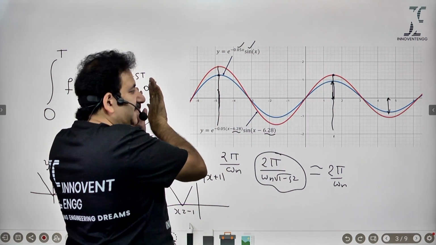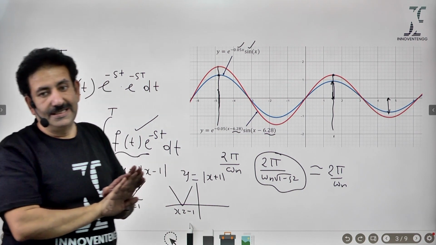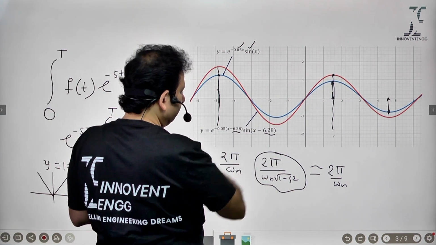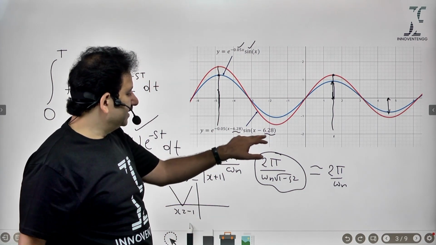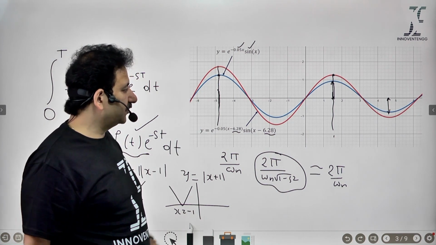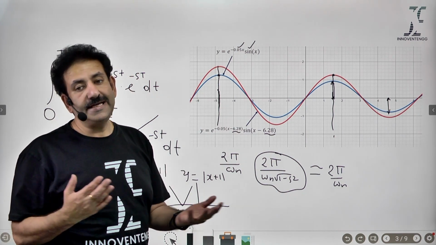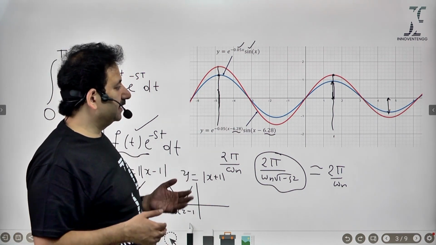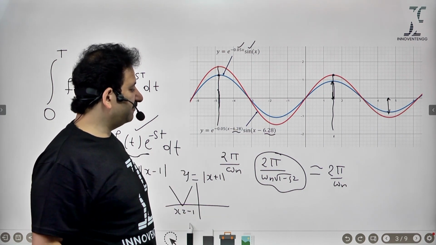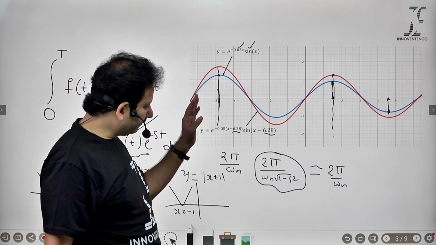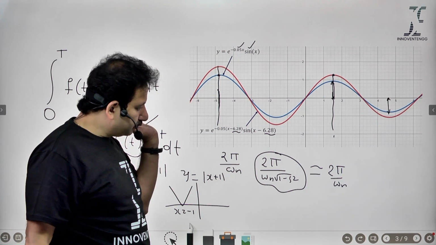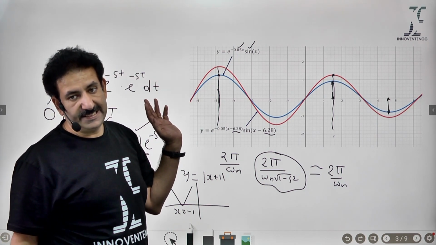That means it has been literally pushed forward, and what you are seeing is right shifting, because all that I have done is subtract the period from x. You can see this for any wave, whether it is the period or not. If you subtract from the independent variable, that function gets pushed forward to the right, and if you add, it gets pushed backward. That is very, very important.